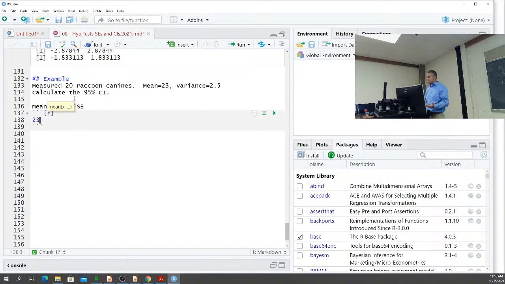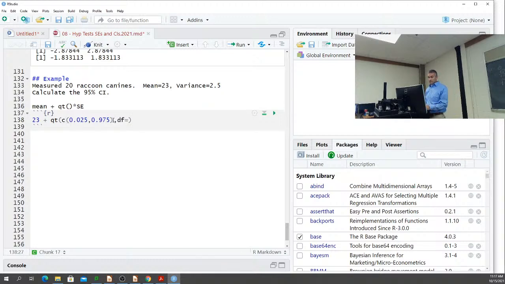So we've got 23, that's our mean, plus our t-value. That's going to be our QT. We're looking for a 95% confidence interval, so that is 0.025 and 0.975. So we're looking at 2.5% to the left, 2.5% to the right, and it gives us this upper and lower bound for our percentiles.